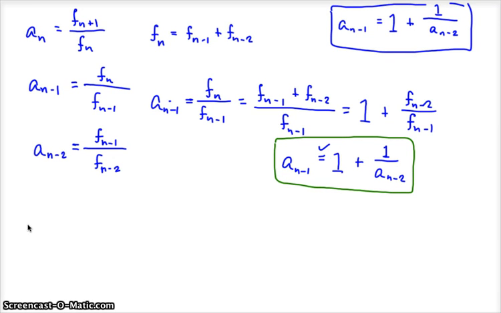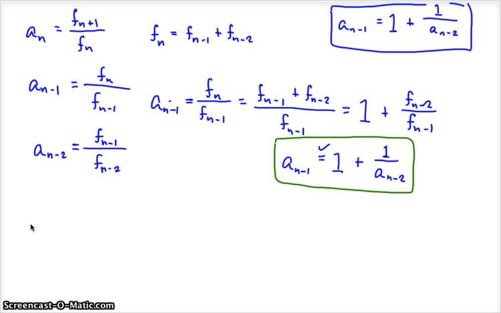This video is part 2 of the solution set for problem number 71 from section 12.1 in the Calculus Stewart edited book, that's 6th edition, and it's dealing with the Fibonacci sequence.